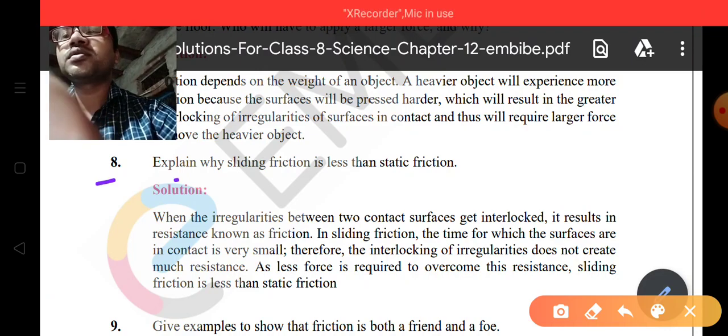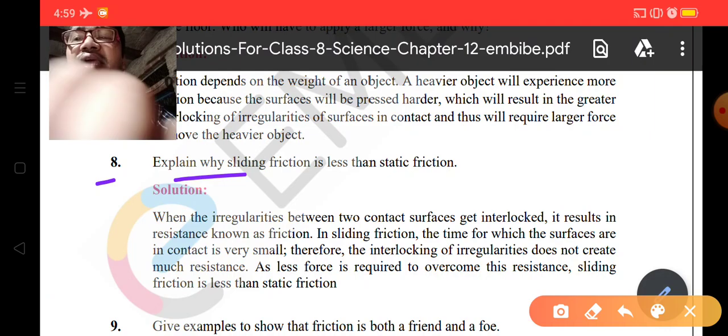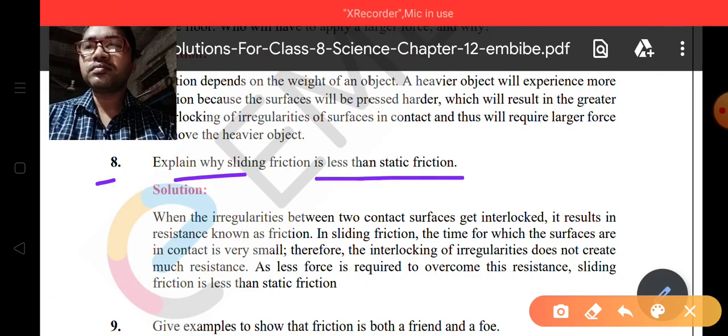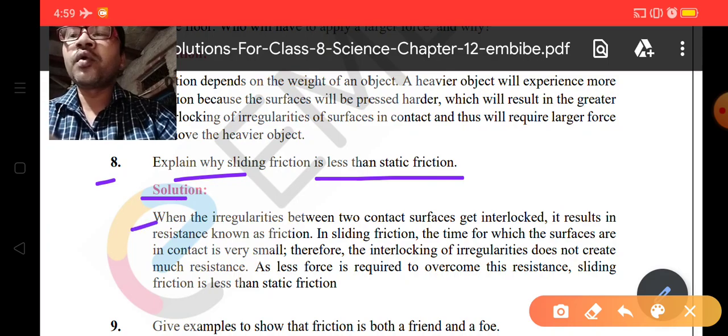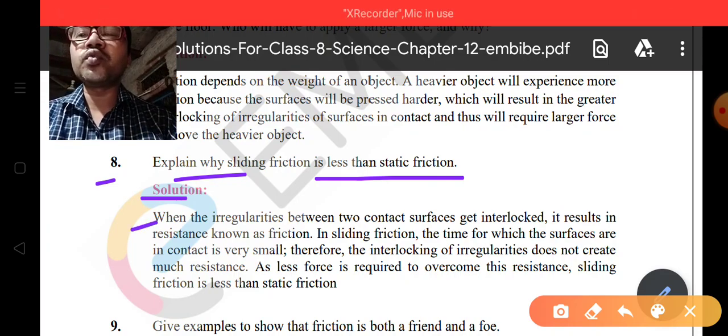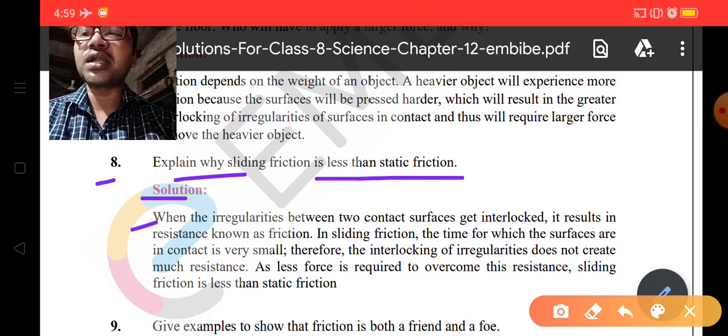Next question is, explain why sliding friction is less than static friction. So the answer: when the irregularities between two contact surfaces get interlocked, it results in resistance known as friction.